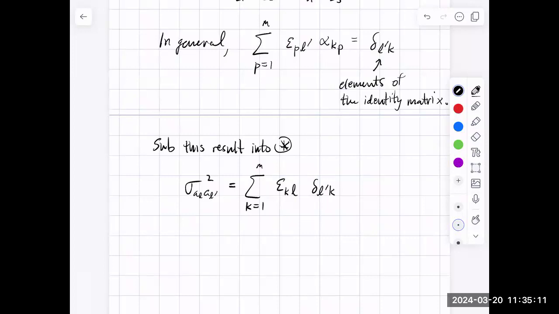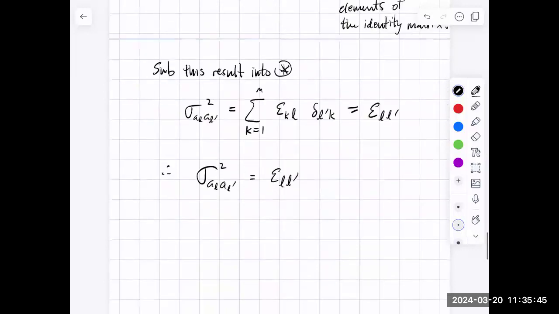This makes more sense now because the delta function is going to force K to be equal to L prime, so that is going to become L prime. So this just ends up being L times L prime. I put the L first, but it doesn't matter, you can switch the order. Therefore, sigma A L prime squared is equal to epsilon L prime.